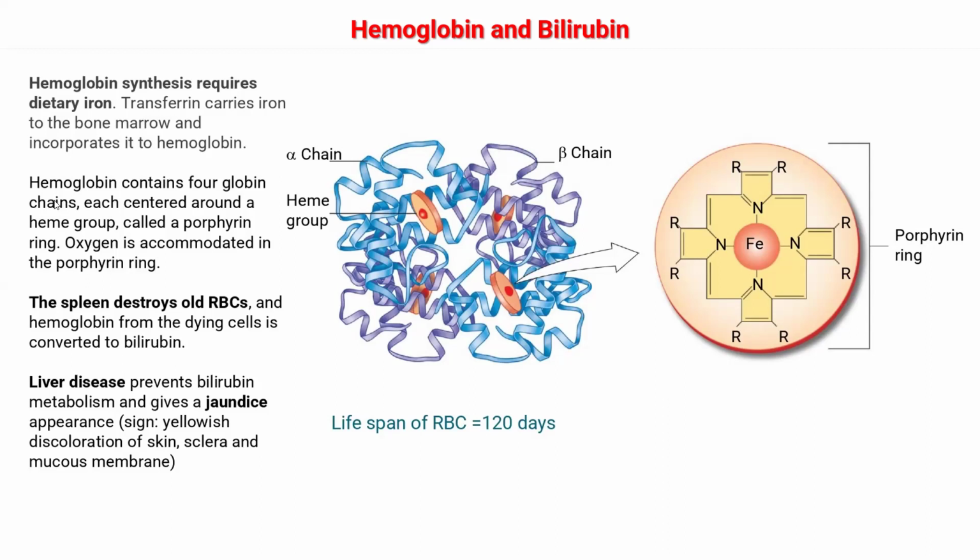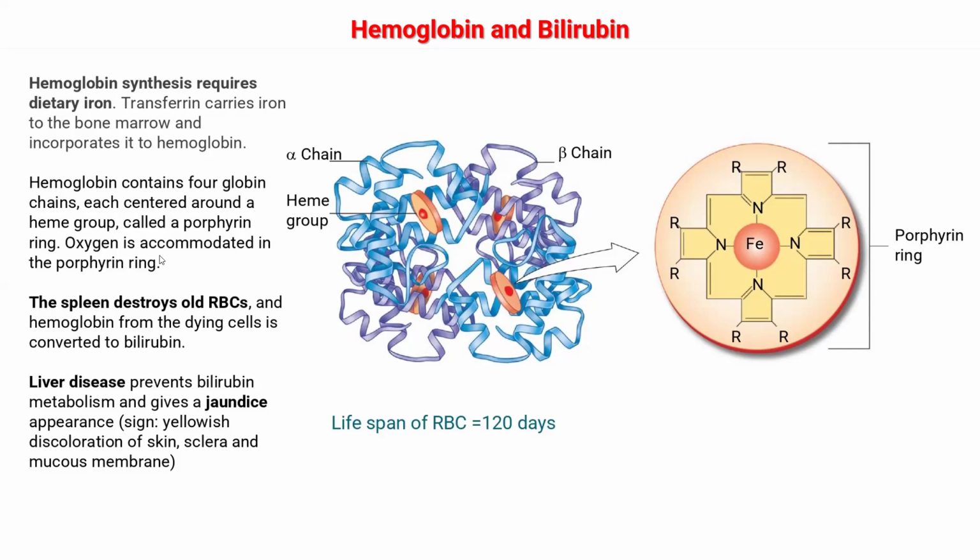Hemoglobin contains 4 globin chains, each centered around a heme group. So, what is the composition of hemoglobin? Heme, which is in the center, and we have 4 globin chains around the heme group called the porphyrin ring.